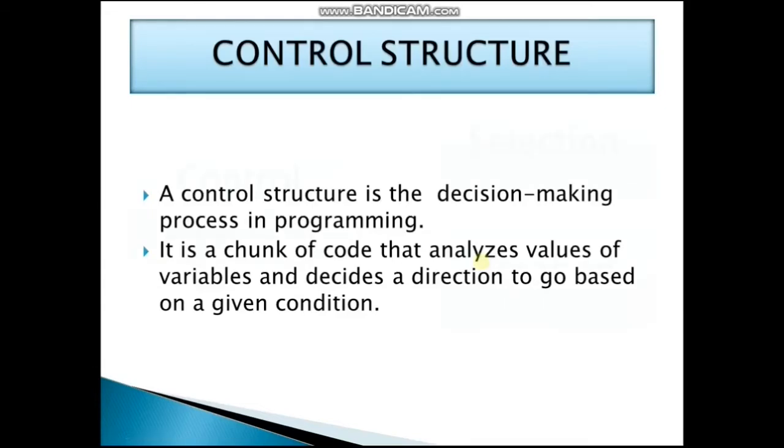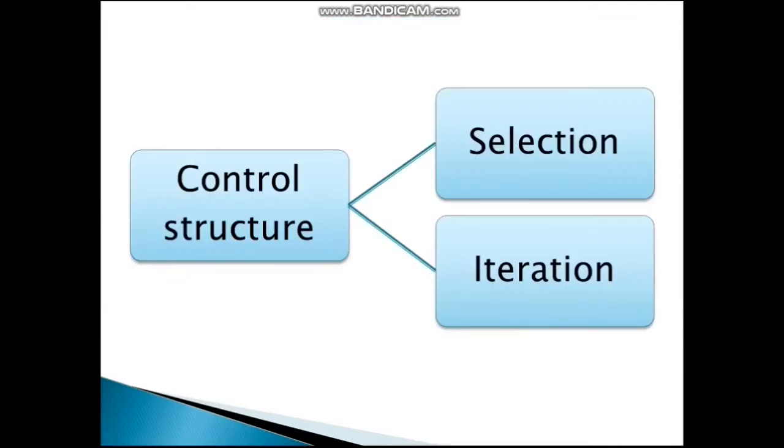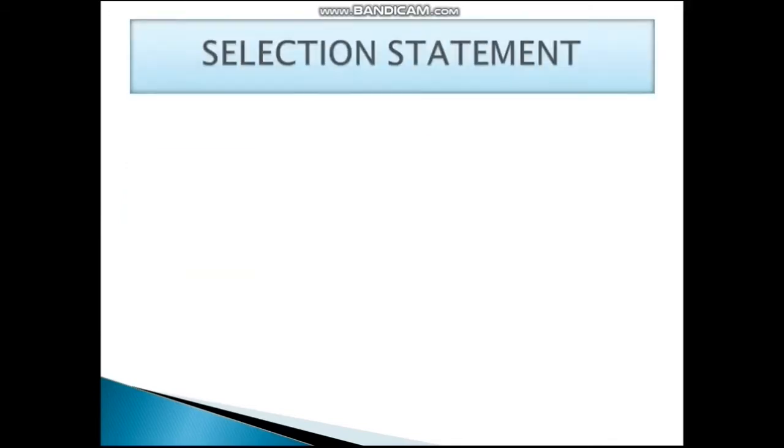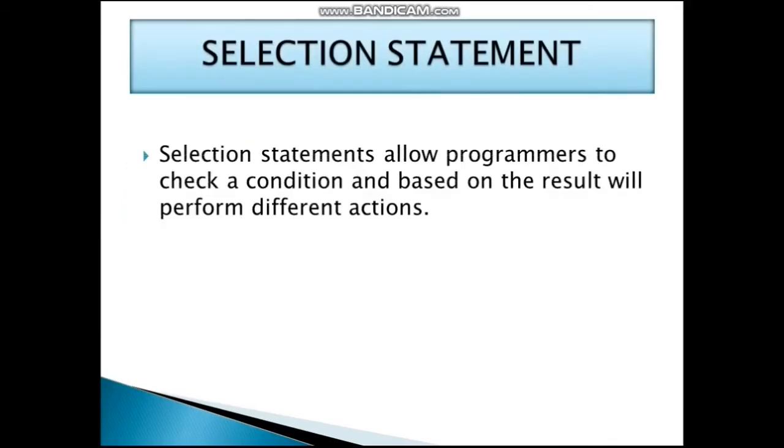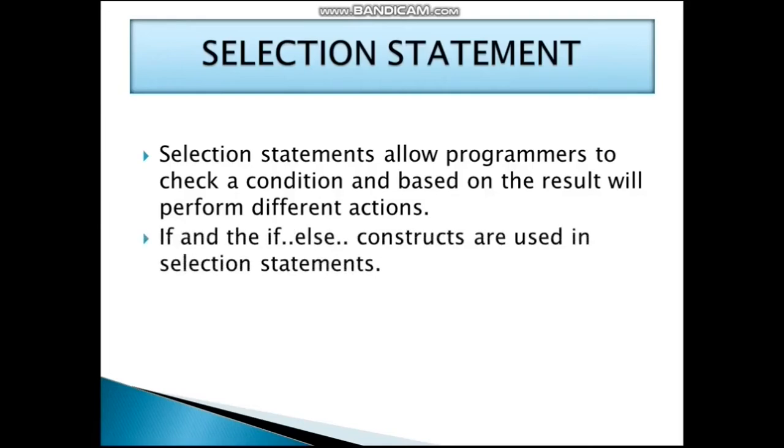Actually, in Python there are two types of control structure. One is the selection and another is iteration. So what's selection and iteration? Selection statements allow programmers to check a condition, and based on the result, the compiler will perform different actions. There are two types of selection statements, the if and if else.